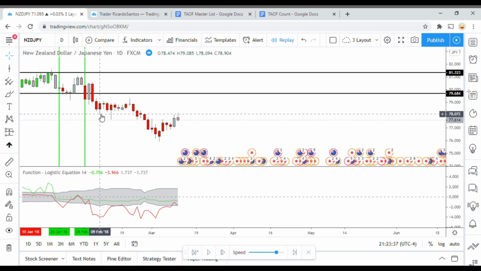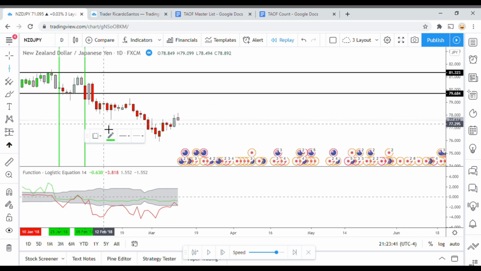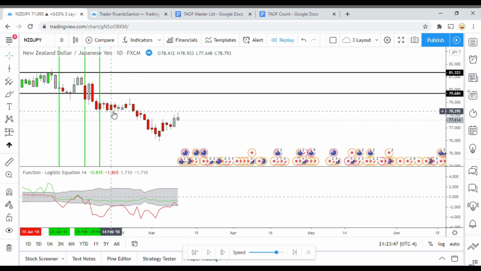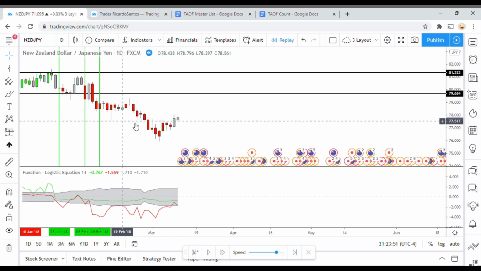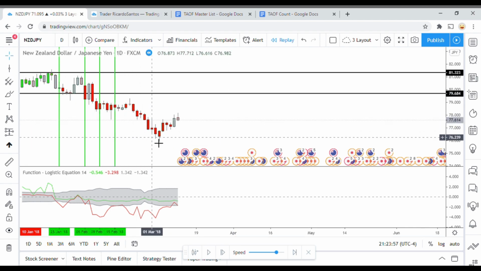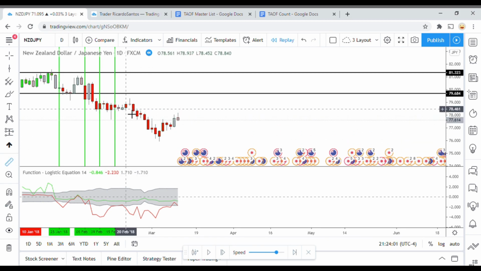So we would have been out, shoot, on that first one right there. And so I guess we would have taken another one right there, which definitely would have hit take profits. And then we would have been in the next one right here, which would have come down and hit that and taken profit again.